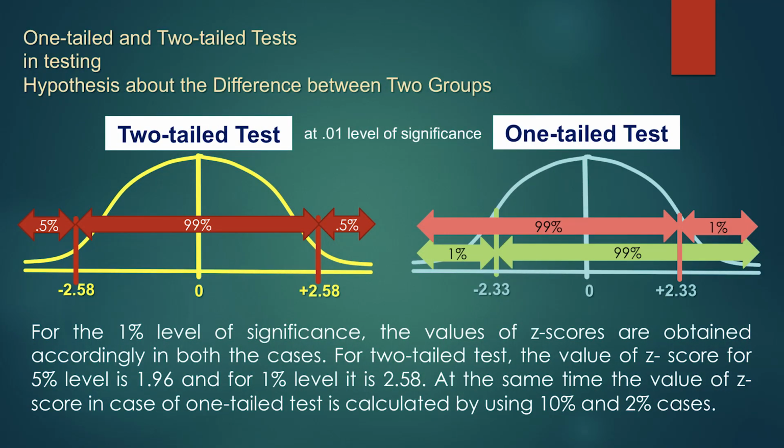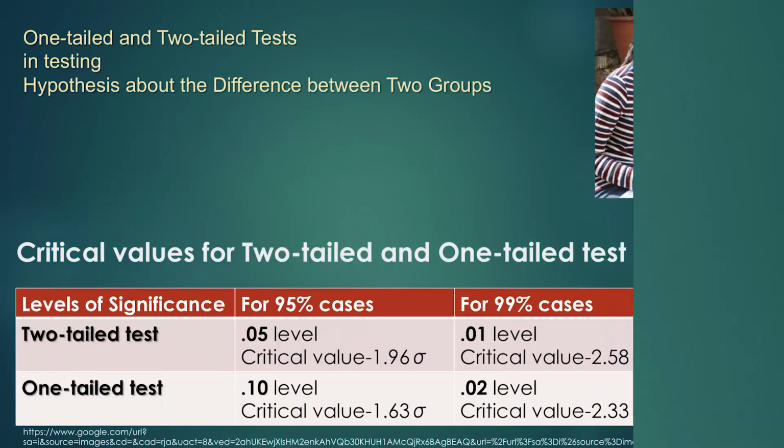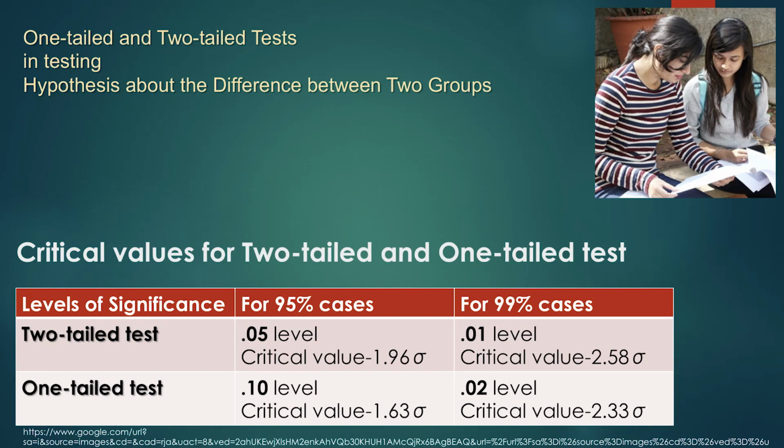In the same way, you may see in the table given on the screen that for the 1% level of significance, the values of Z scores obtained are accordingly in both the cases. For two-tailed tests, the value of Z score for the 5% level is 1.96 and for the 1% level it is 2.58.